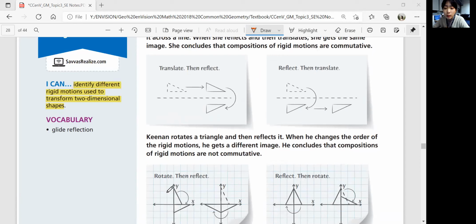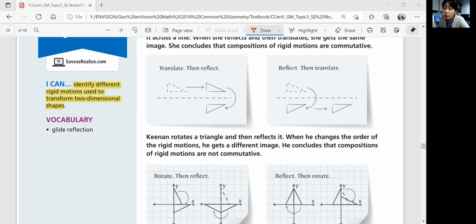Well, with grid paper, she would have still found that her compositions are commutative, with reflecting and then translating, or translating and then reflecting. It doesn't really matter for her. She should have tried several different combinations of rigid motions, not just translation and reflection. We have rotation as well.